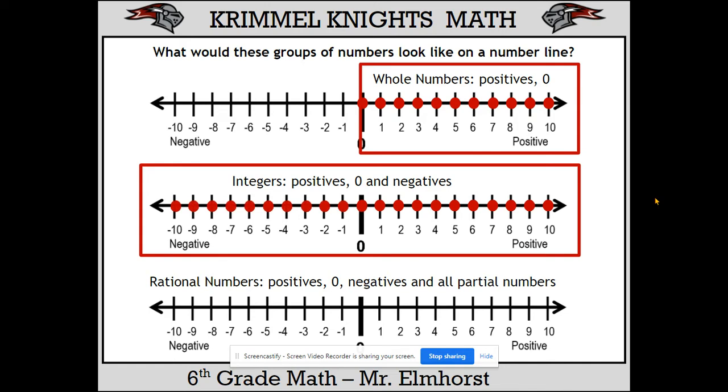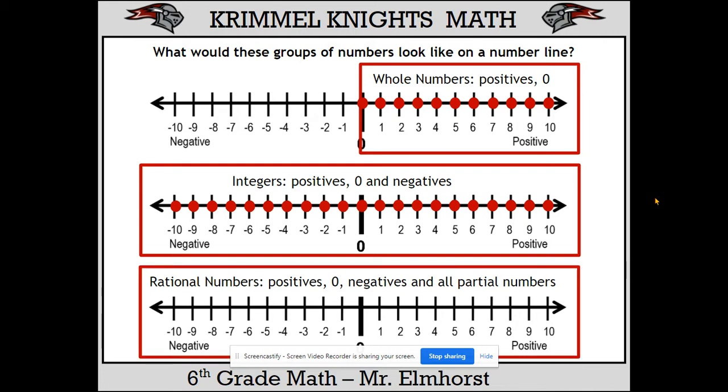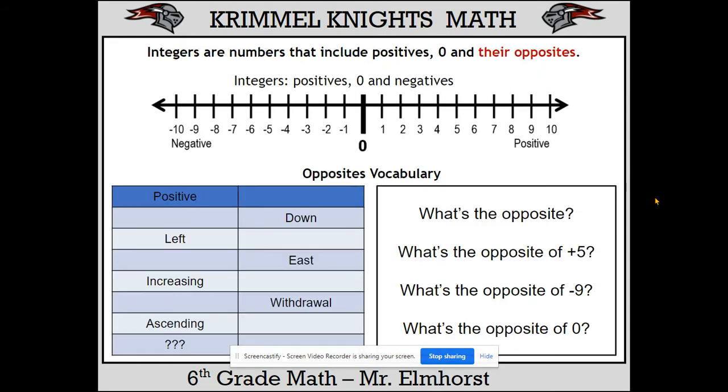So again, nothing between the numbers, no decimals or remainder values. And rational numbers will include all of the above, whole numbers and integers, positives, negatives, and zero, but then all the little partial numbers that are between the numbers on the number line.